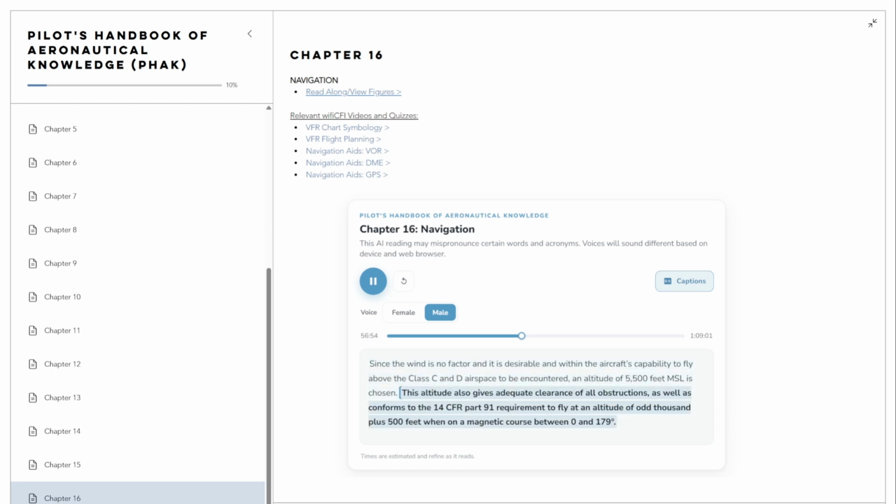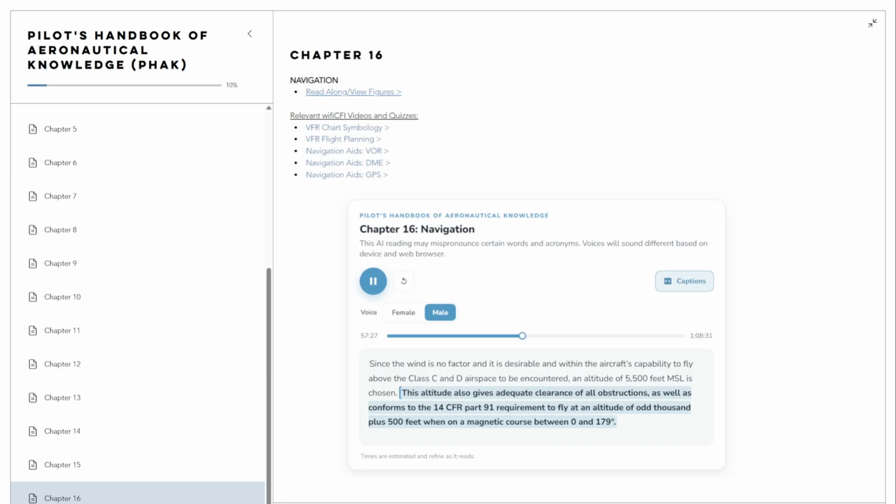This altitude also gives adequate clearance of all obstructions, as well as conforms to the 14 CFR Part 91 requirement to fly at an altitude of odd 1,000 plus 500 feet when on a magnetic course between 0 and 179 degrees.